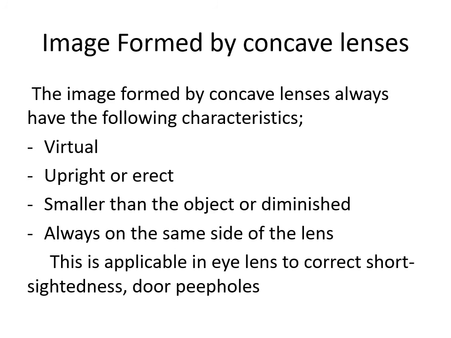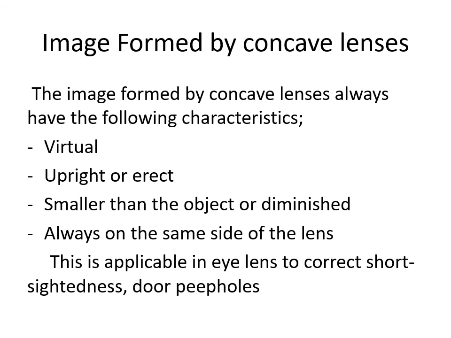Okay, let's look at images formed by a concave lens. We are done with the convex lens. Let's move ahead to see images formed by concave lenses. They have general characteristics. The image is virtual. The image is upright or erect. The image is smaller than the object, or diminished.